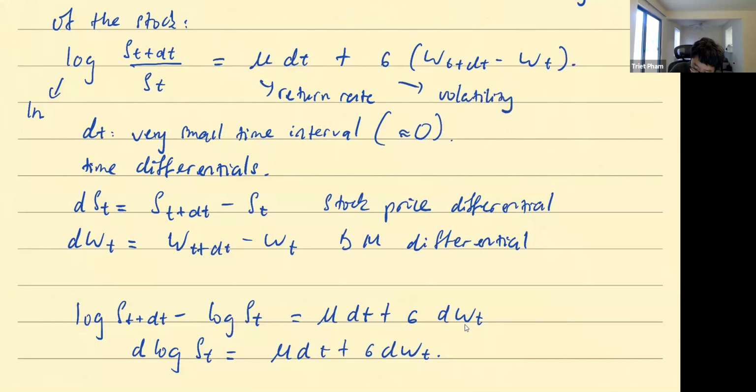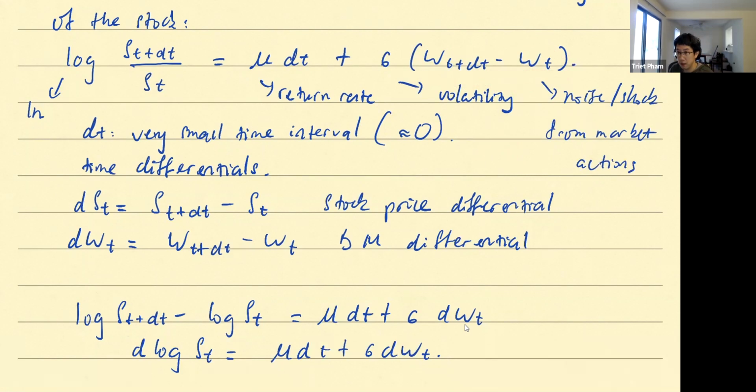Now, dW_t is like a shock. With Brownian motion, you cannot know what it's going to do next, so this is the noise, the shock from market actions.